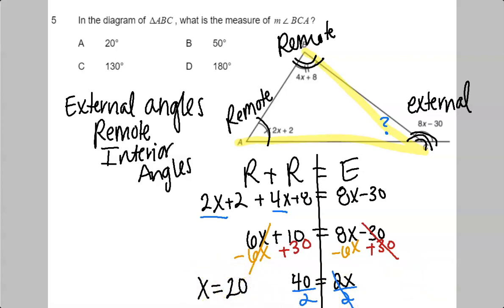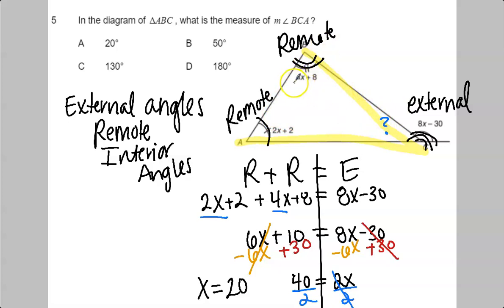Now, again, is that my final answer? No, we need to figure out what this question mark is. Now, we don't know what this question mark is, but we know a couple other things that we could use. We know that all the angles should add up to 180.